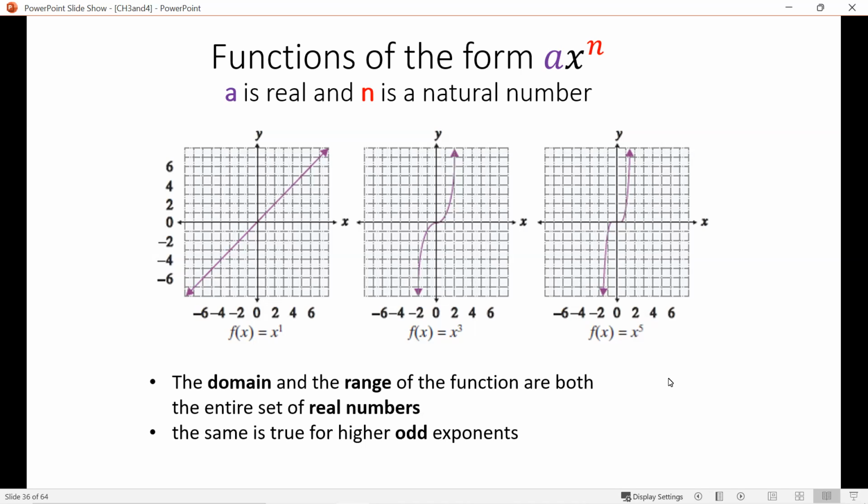In this case, when our n, our exponent, is an odd number, the domain and the range of our function are both going to be all real numbers. Okay, we can plug in anything we want and we will get out every possible value. This is going to be true for higher powers as long as the exponents are odd.